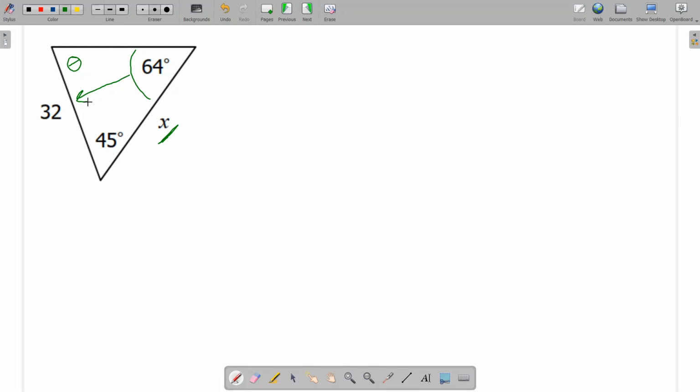So if I want to find that third angle, it's as simple as taking 180 minus 64 minus 45, and that tells me that that angle that's left over has to be 71 degrees. So I'm going to erase this here. We know now that it's really 71 degrees.